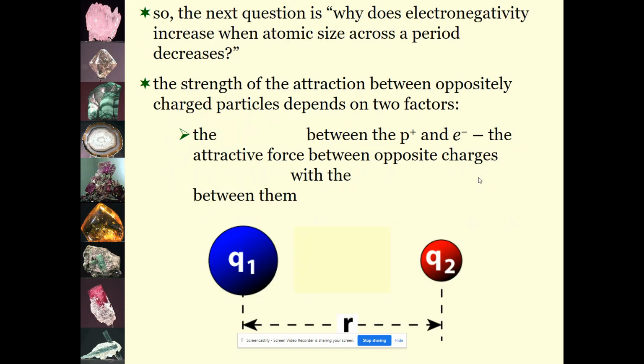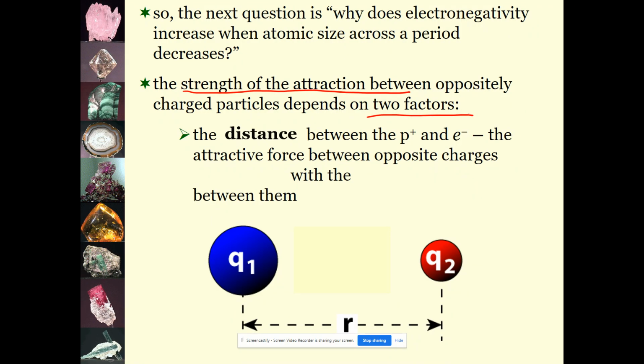So then the next question is, though, if the size decreases, why is electronegativity increasing? Why is there this opposite relationship? And it has to do with the strength of attraction, which depends on 2 factors.